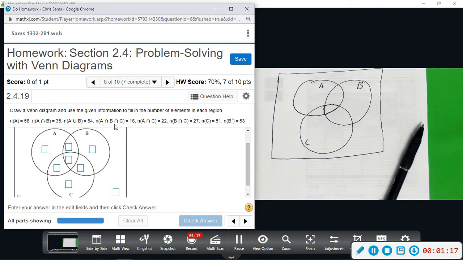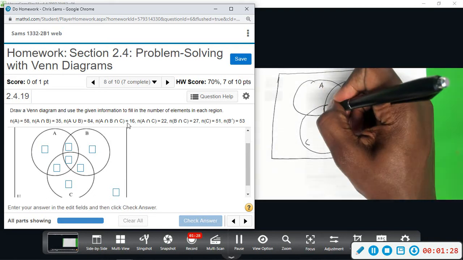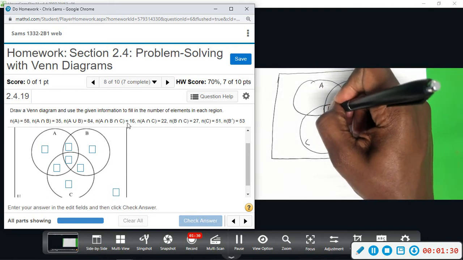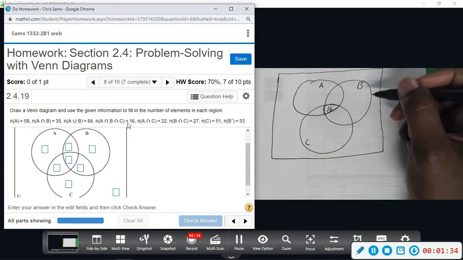That's this part right here. A and B and C is 16. So in the very center, there's 16. This 16 is a part of A, B, and C.